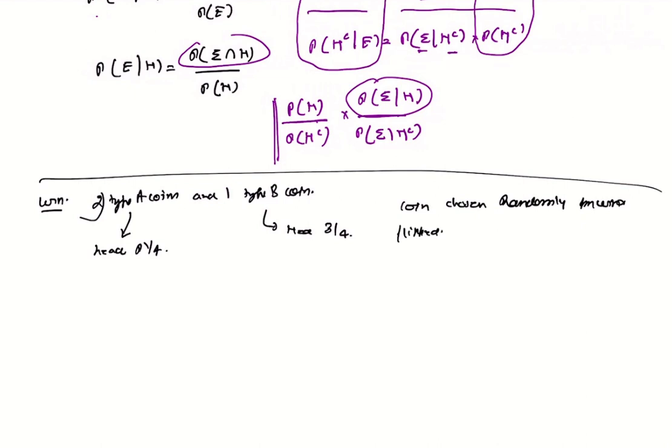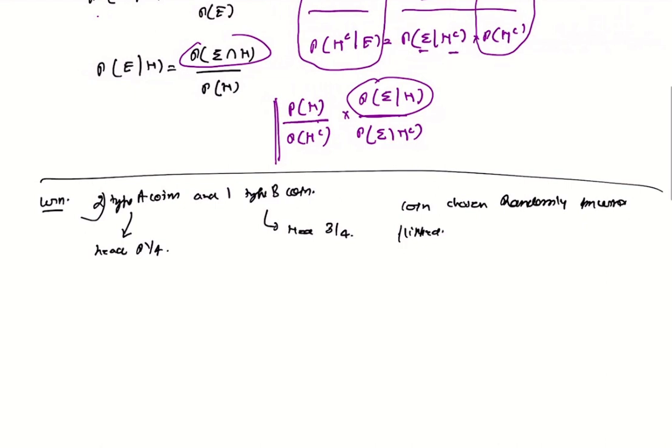Given that the flip landed on head, what is the probability that it was a type A coin?